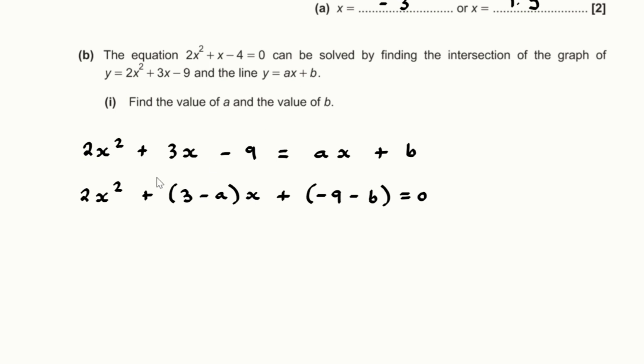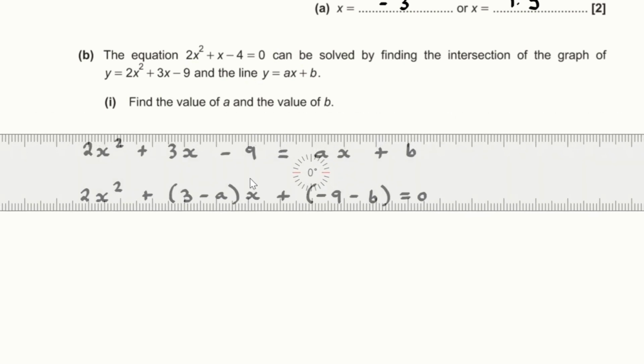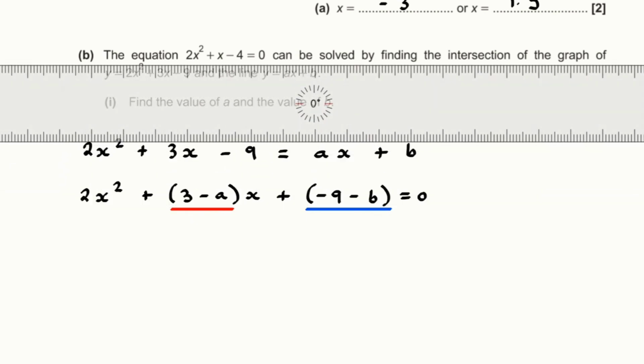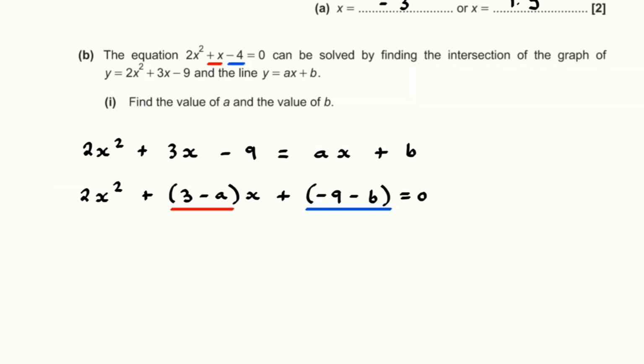And if I compare with the original equation, comparing the x's, I've got 3 minus a of them here, and if I compare the numbers, I've got minus 9 minus b. So here I've got 1x, and here I've got the minus 4, so from this I can find out the values of a and b.